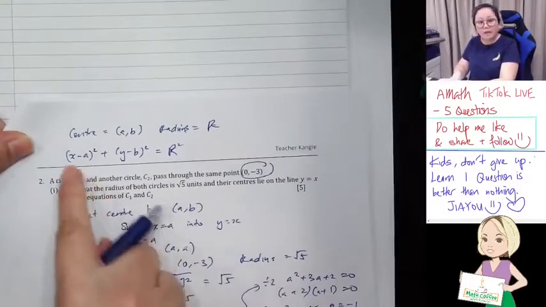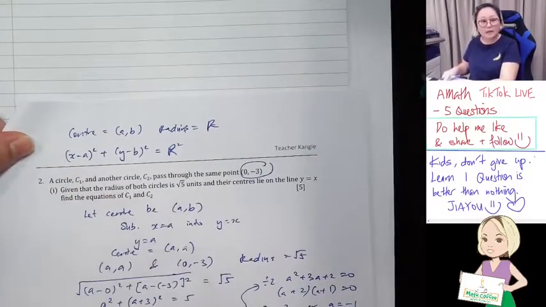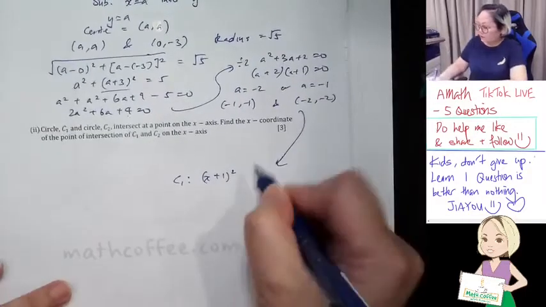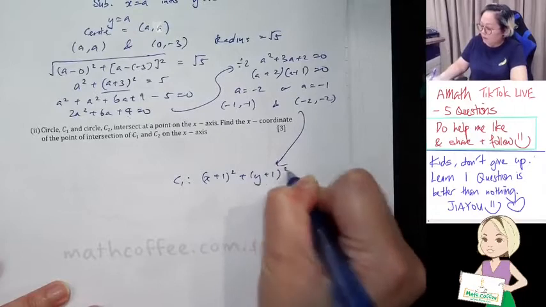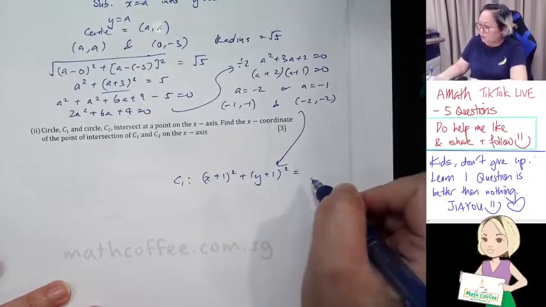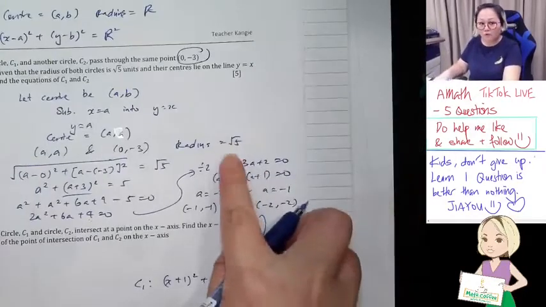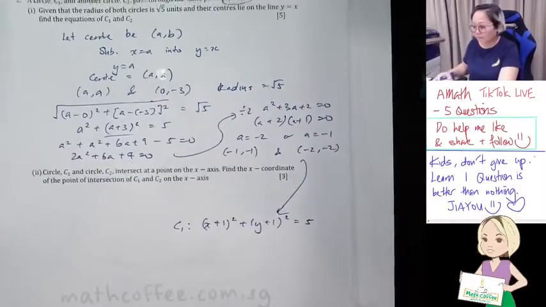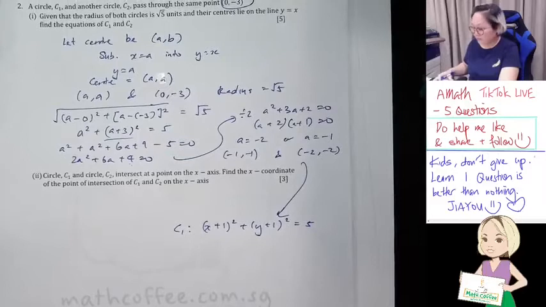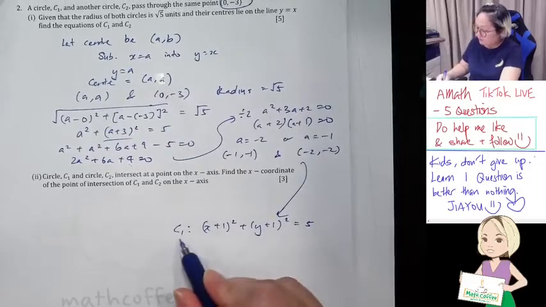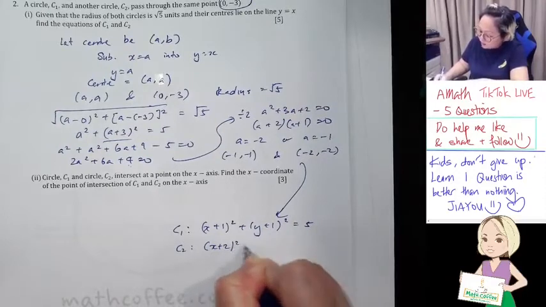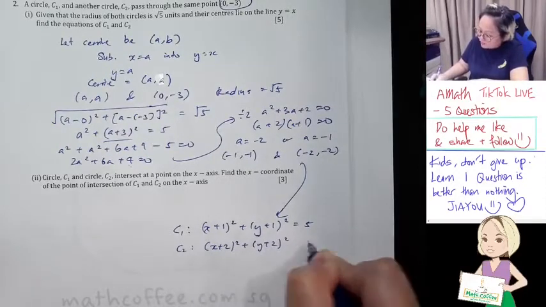Remember just now the equation of the circle is (x minus a). So since my a is negative 1, so x minus minus 1. So that's why it's this one, (y plus 1) squared equals radius squared. Radius is square root 5. Square root 5 squared is just 5. So just put 5. So equation of C1 is this. C2 will be (x plus 2) squared plus (y plus 2) squared equals 5.